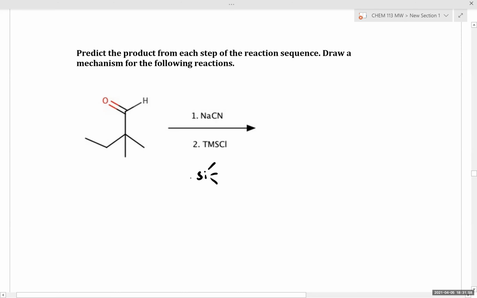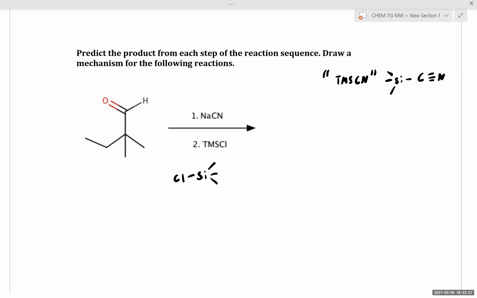Just as a refresher, TMS or trimethylsilyl chloride looks something like this. In fact, there are even reagents that are used specifically for protected cyanohydrin formation, such as, for example, TMS cyanide, which both facilitates the nucleophilic addition and protects your alcohol.